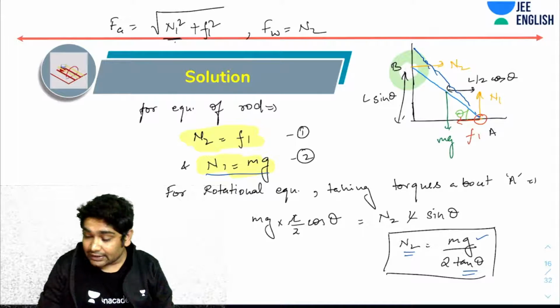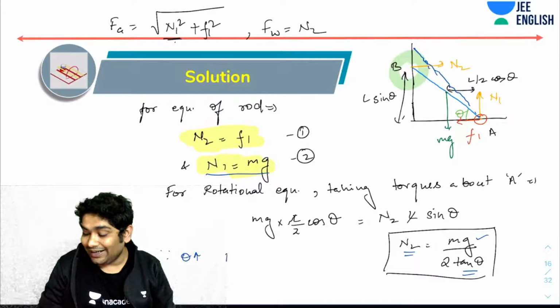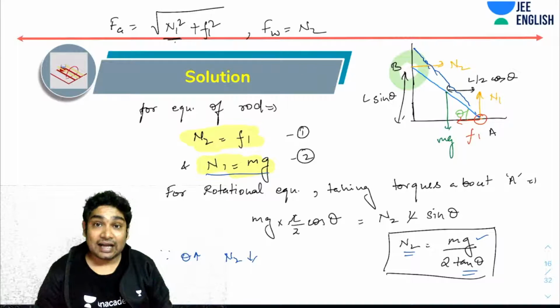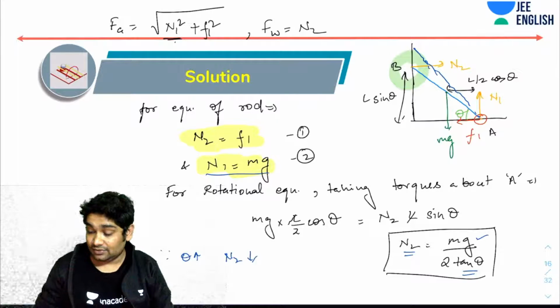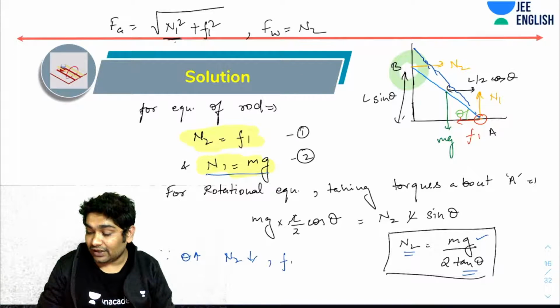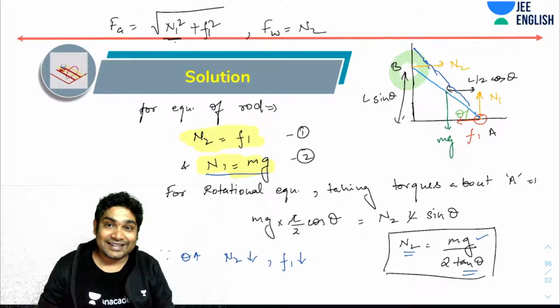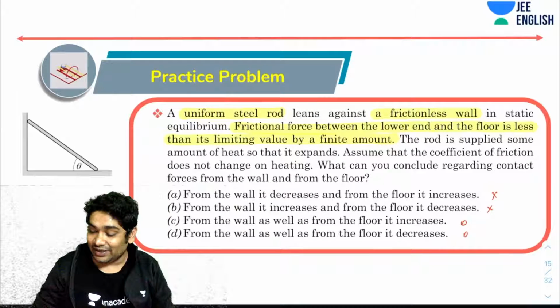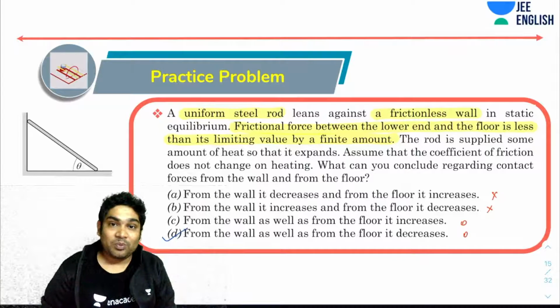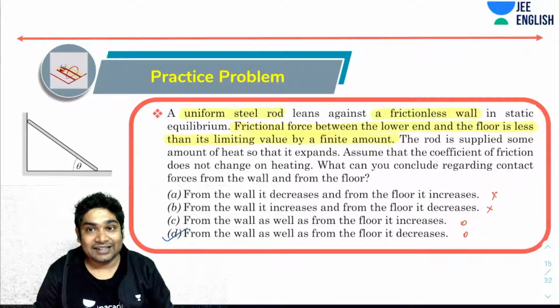Since theta increases, your N2 actually decreases. And if N2 decreases, F1 also decreases. So if F1 decreases, N2 decreases, then the correct answer would in fact be D. Both the forces from the wall and the floor will decrease.